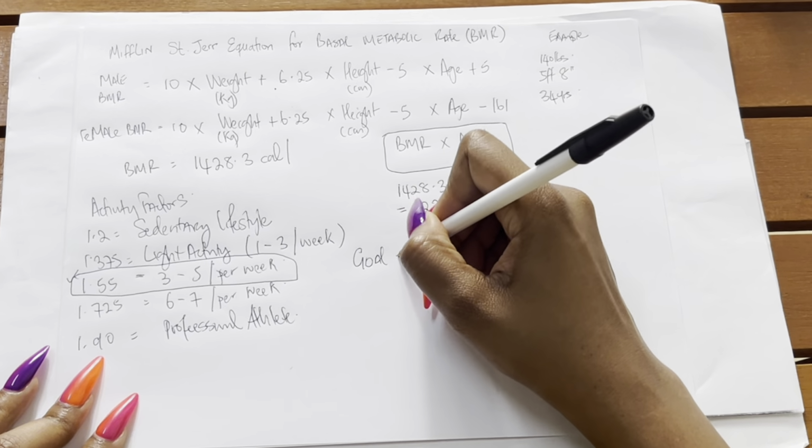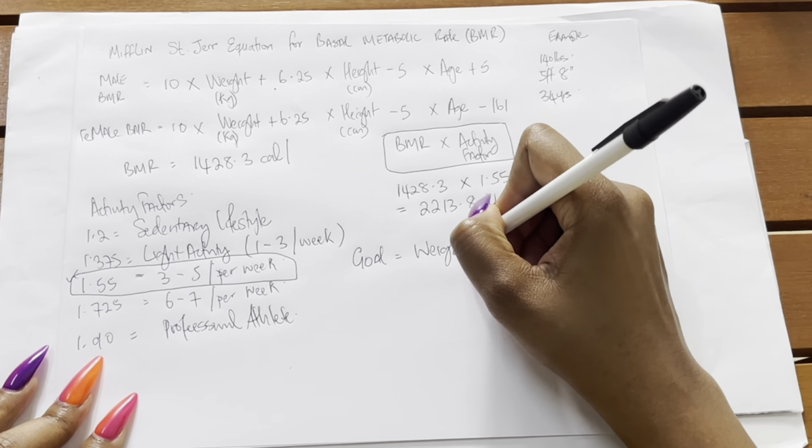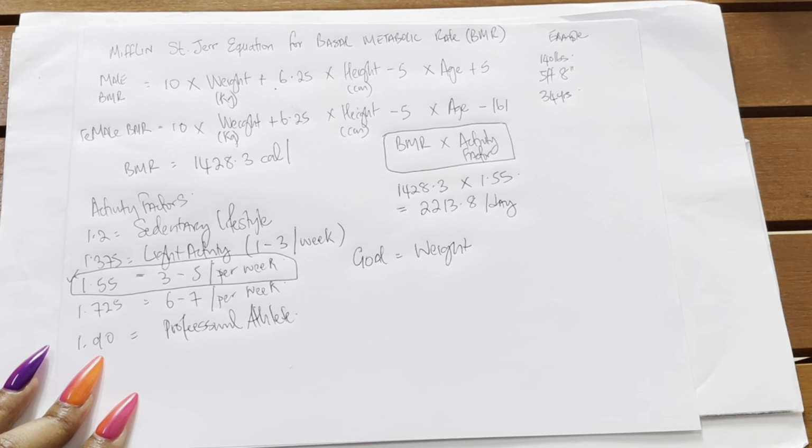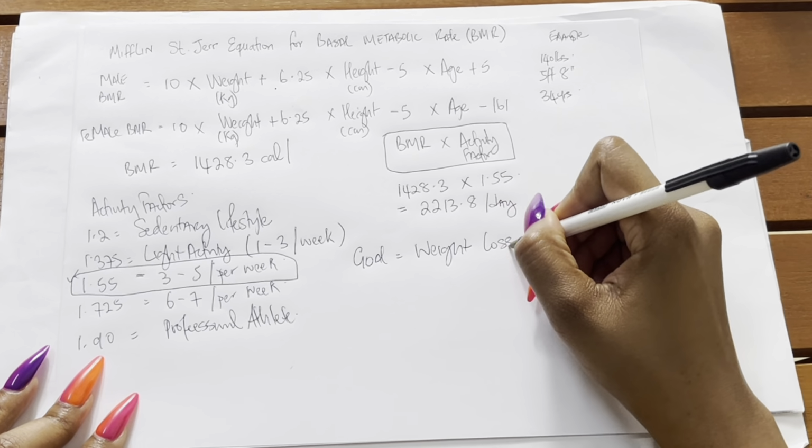Now you need to determine what your goal is. Do you want to gain weight or do you want to lose weight? Let's say her goal is to lose weight, approximately 1 pound per week.